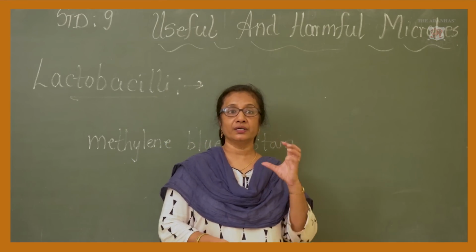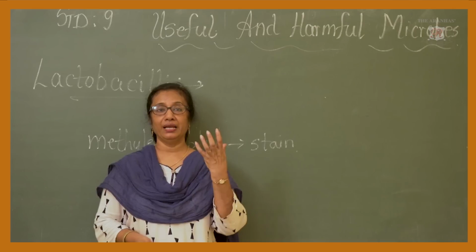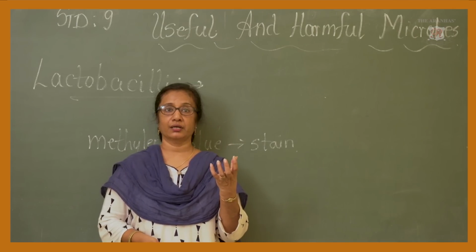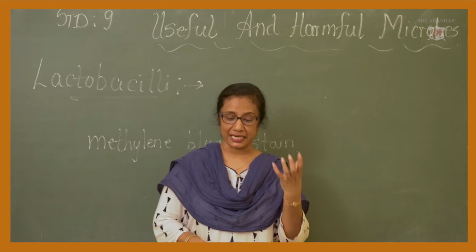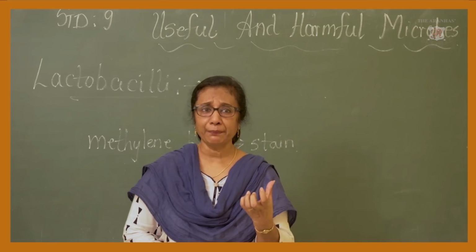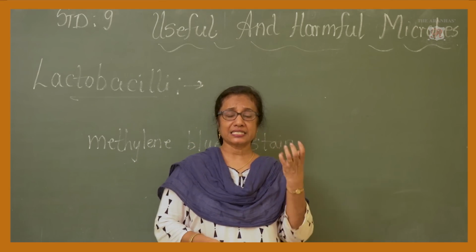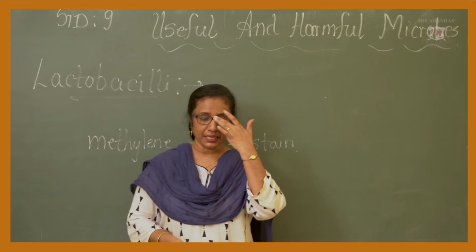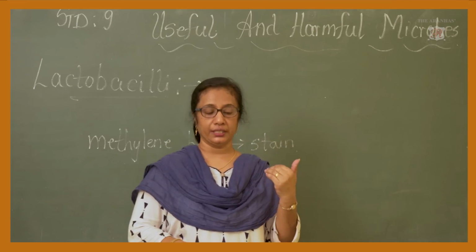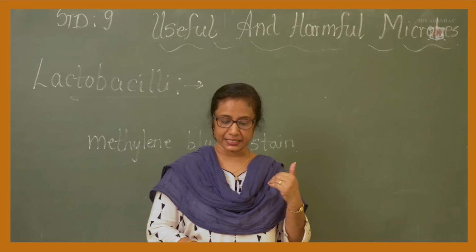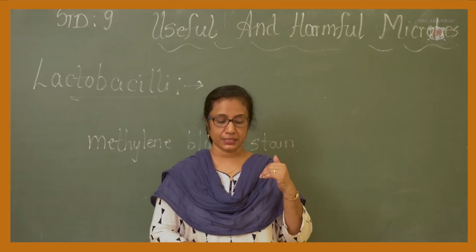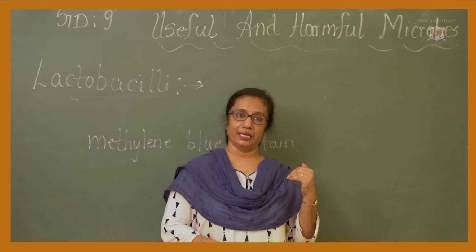So what are they doing? They convert the lactose. Milk is used to prepare curds. Milk contains lactose. What happens to this lactose? The lactobacilli present convert the lactose sugar in the milk into lactic acid and thus produce yogurt from the milk.